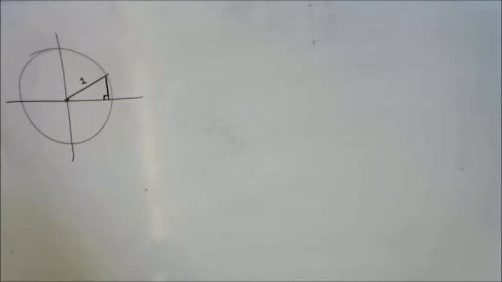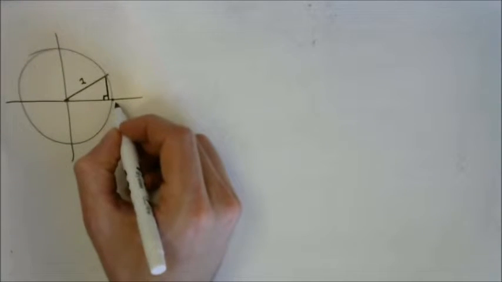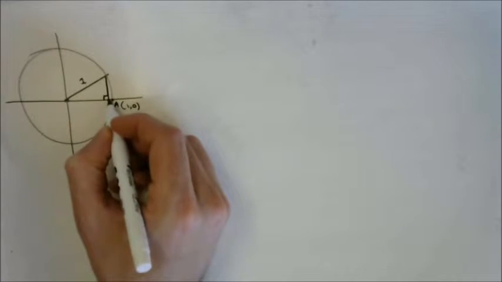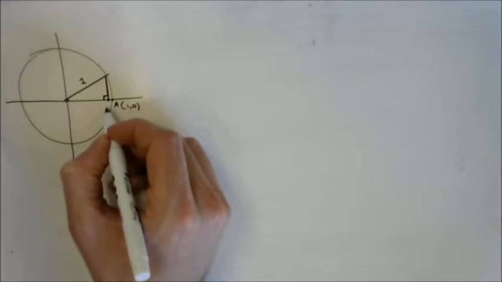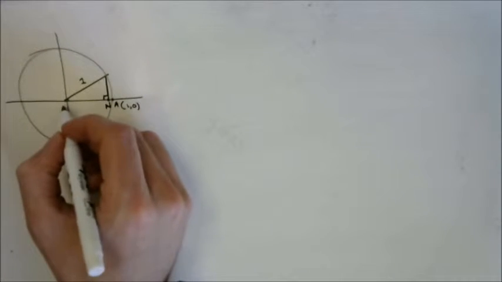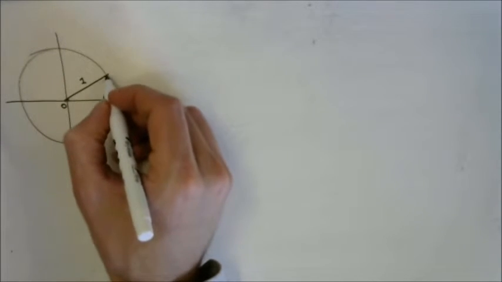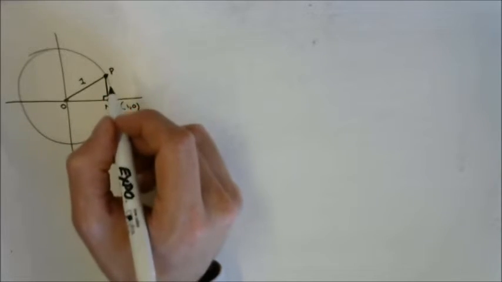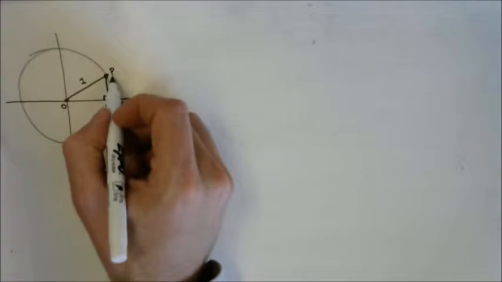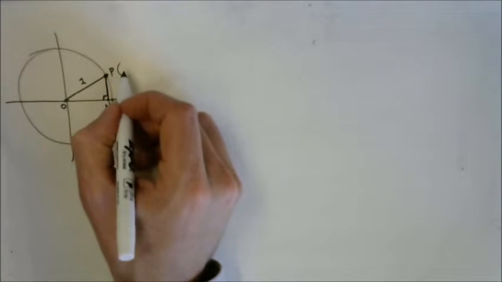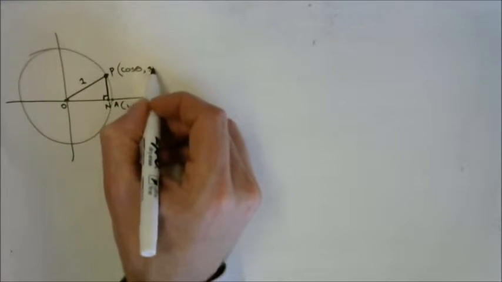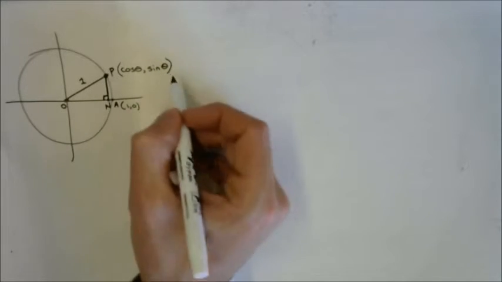We can label all the same points. You have A at 1, 0. The bottom of that triangle, the right angle, is N. Origin is always called O. And the point where the terminal arm meets the unit circle is called P, and P has the coordinates cosine of theta, sine of theta.